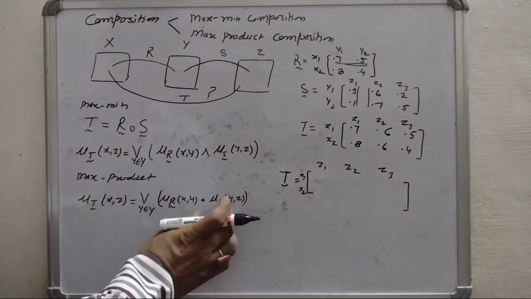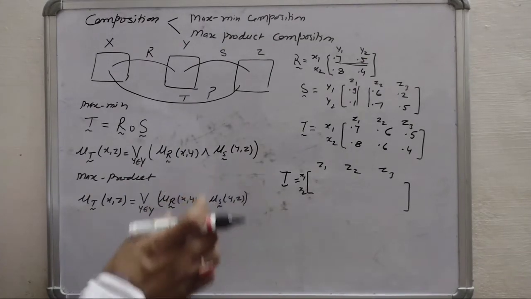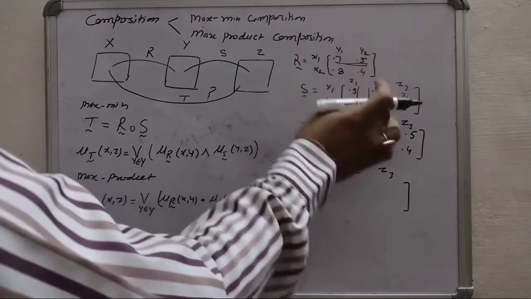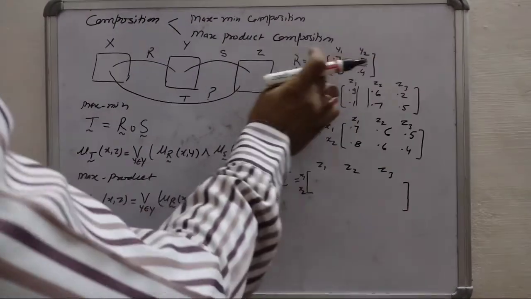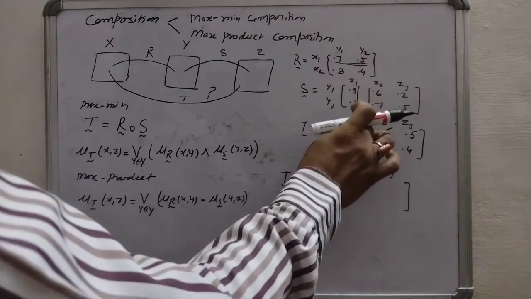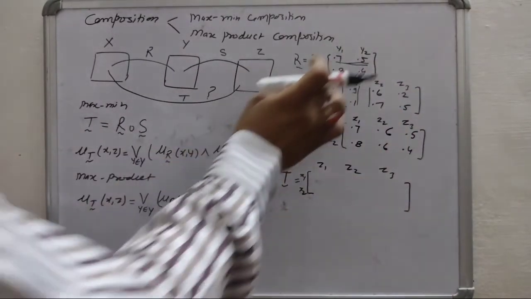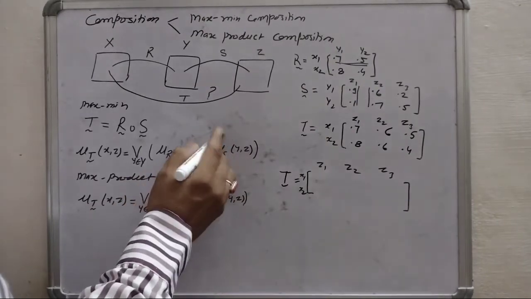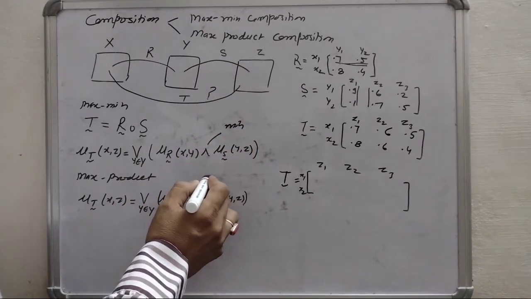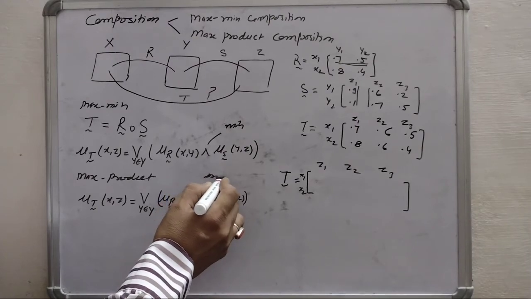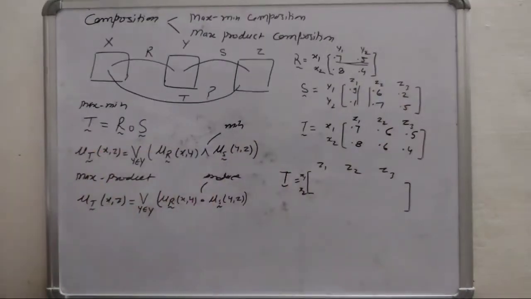Now we will use this formula. So again we will make pairing of x1 and z1 in this way again. But here, instead of taking minimum, this is the minimum operator here, and this is arithmetic product. So now we will multiply it.